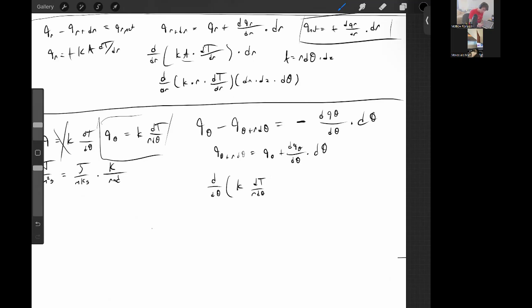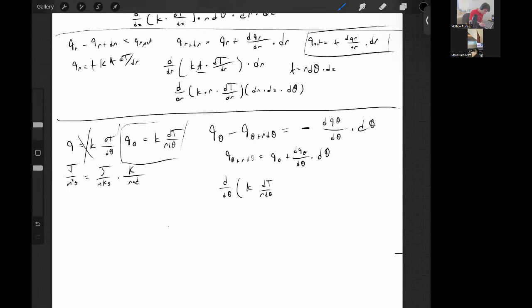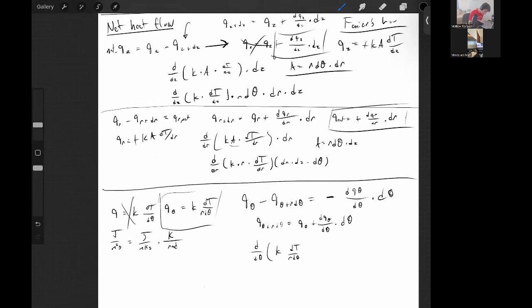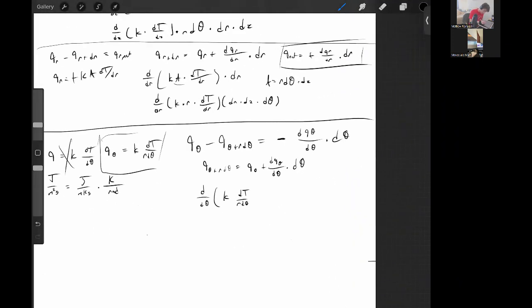So remember, we have this 1 over r, right? Just making sure my equation looks right. Yes, okay.